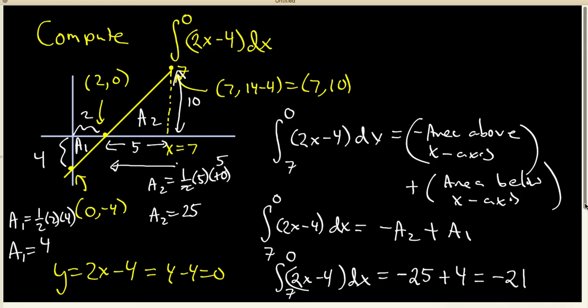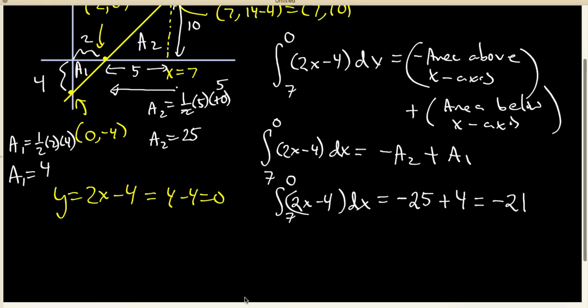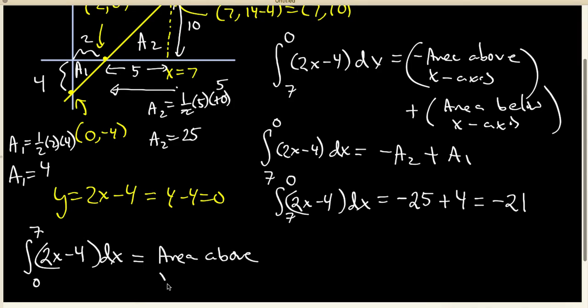Now, I want to make one observation. If I look at the integral going in the right direction, I go from 0 to 7 of this same function. That would be the area above the x-axis minus the area below the x-axis.